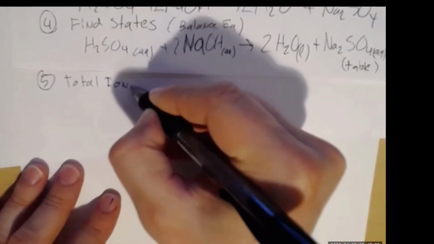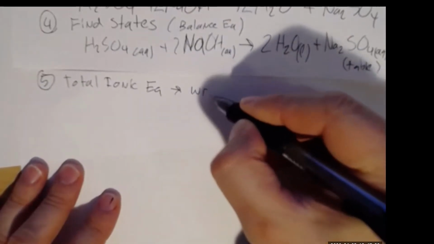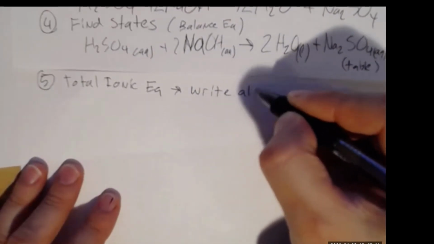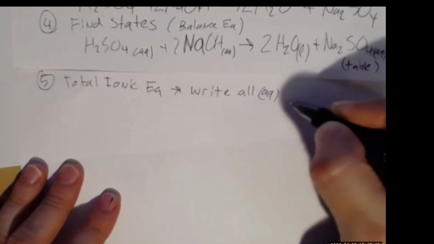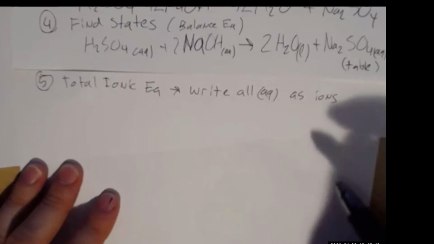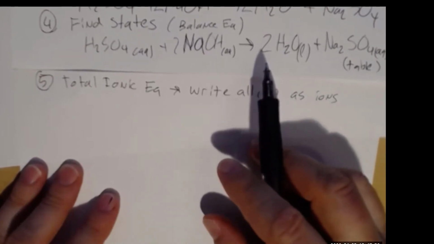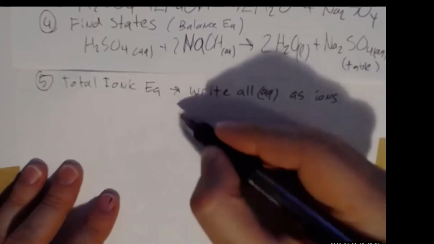Let's move this over. Okay, so the total ionic equation means write all aqueous as ions from this equation, and then leave the others as is.